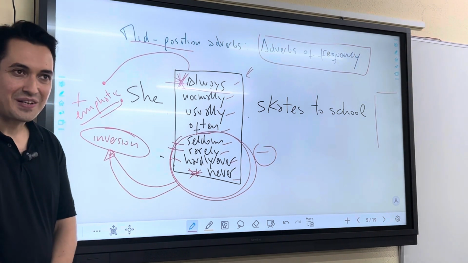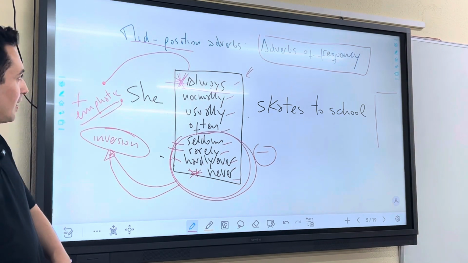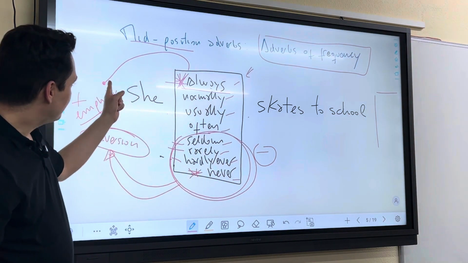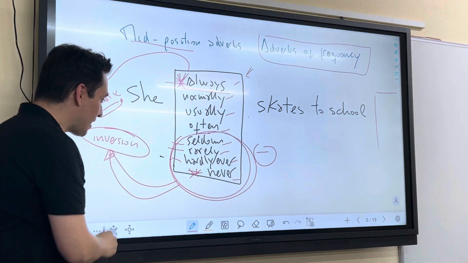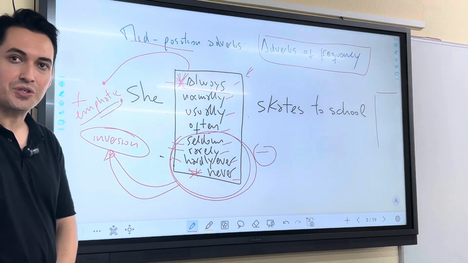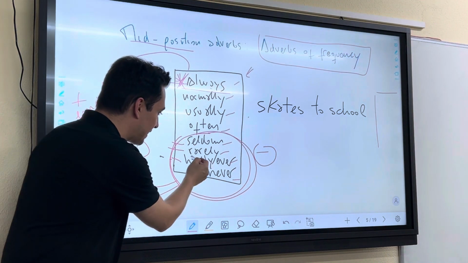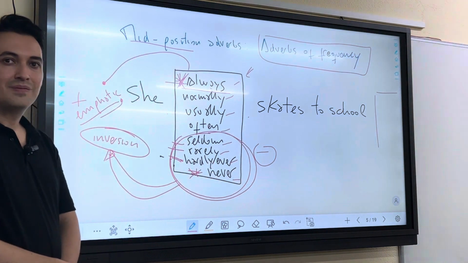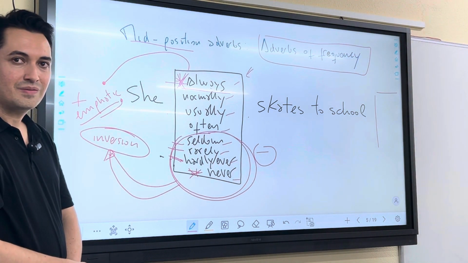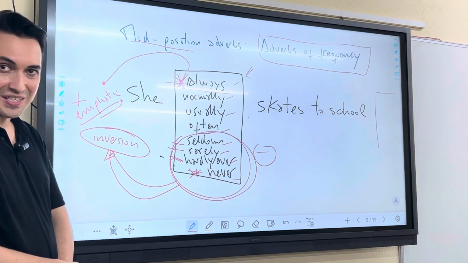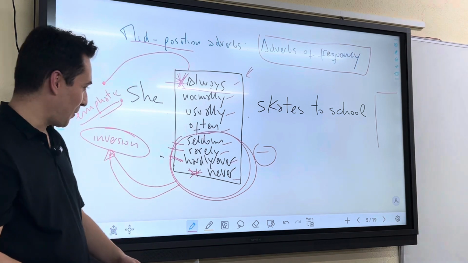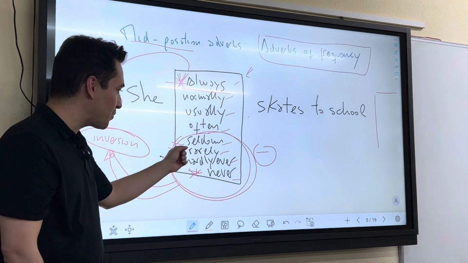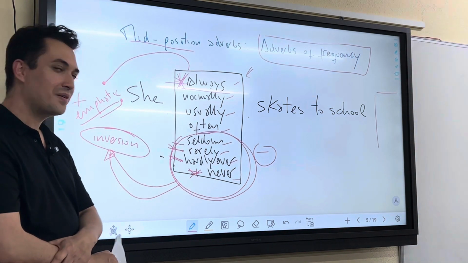"Never does she skate to school." That's an inversion. Can you make an inversion with "hardly ever," Sophie? That's an inversion, yeah? With "does." Wait, let's make some more inversions and then questions. Can you make an inversion with "rarely," Sophie?